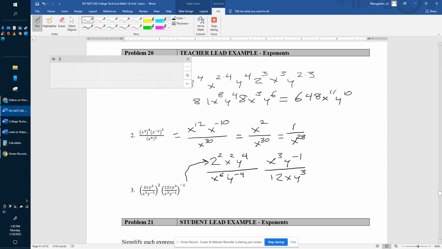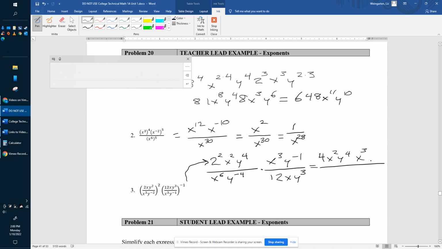So the next thing I'm going to do is get rid of my negative exponents. I am also just going to evaluate my constants. 2 squared is 4. X squared, y to the 4th, x cubed, over, wait a minute, we got a negative exponent in the bottom.